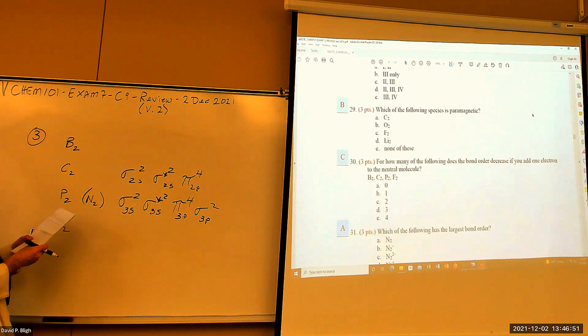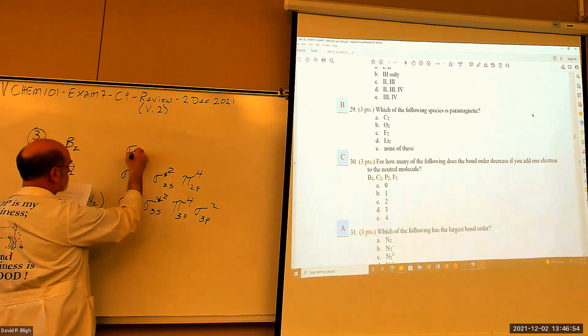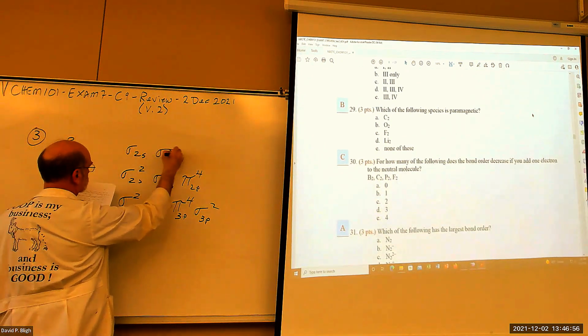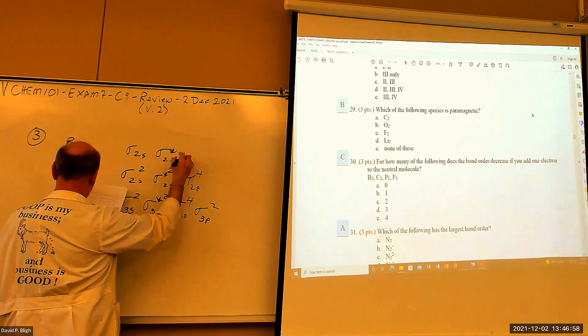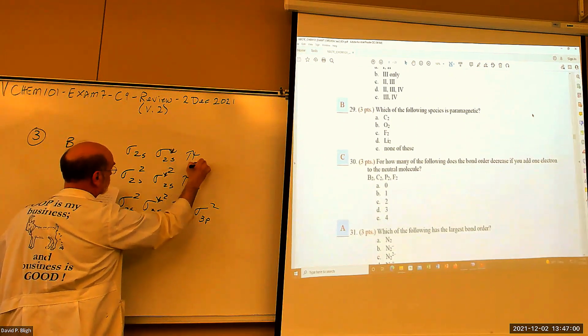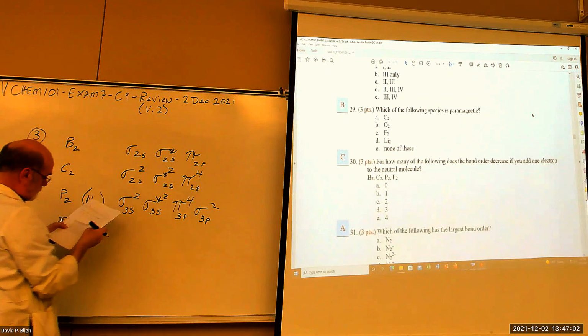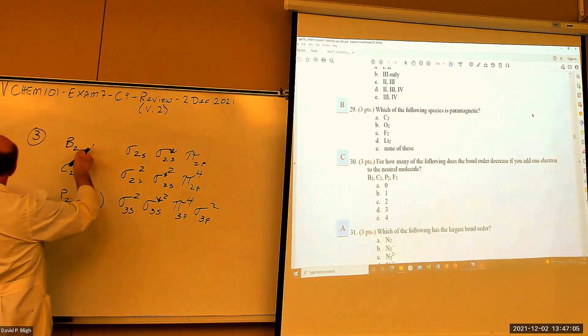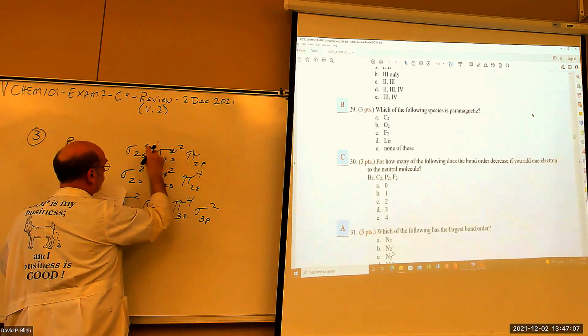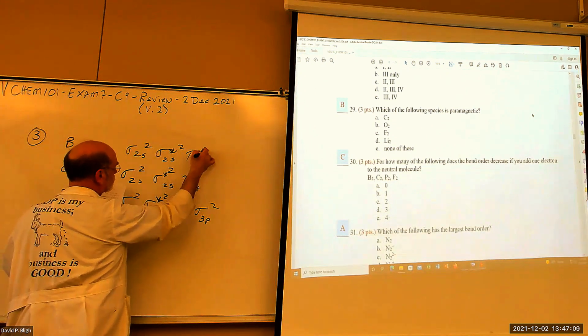Boron is sigma 2s, sigma star 2s, and pi 2p. We have mixing here. That's why it's that order. And boron has 6 electrons, 2, 4, 6.